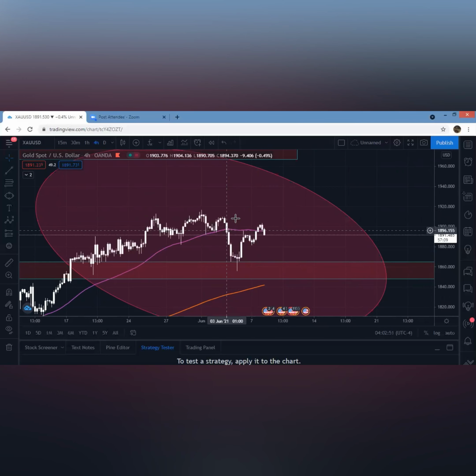For example, this candlestick right here is very tiny. And as you can see, the price didn't move much once it got to this point. It opened and closed pretty much at the same price right here.